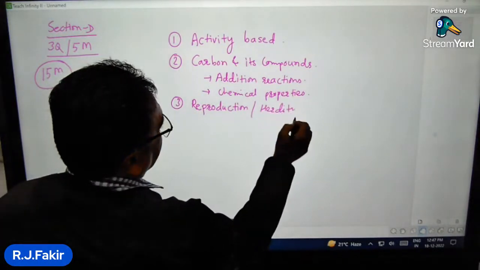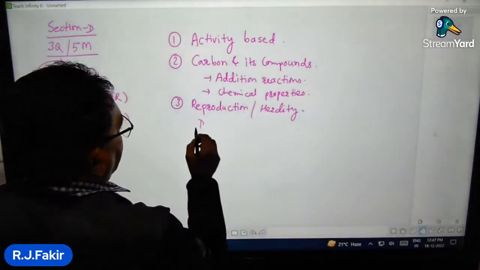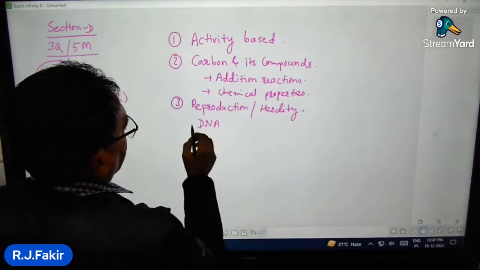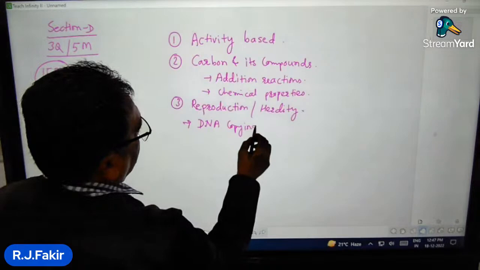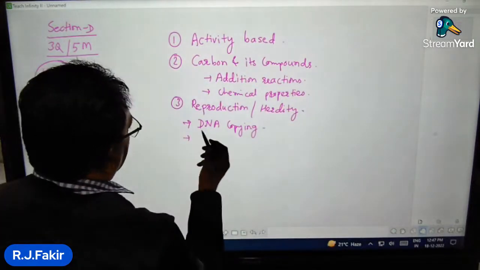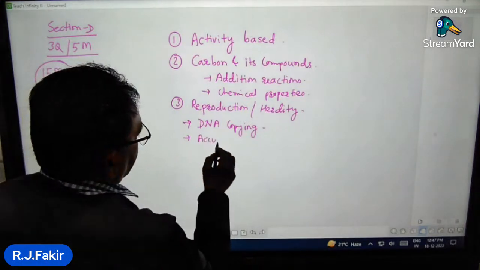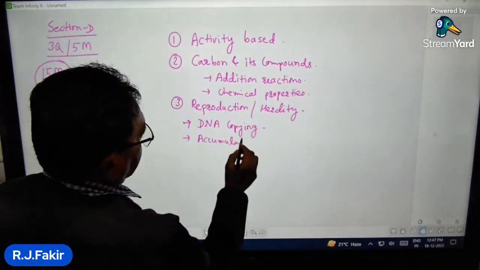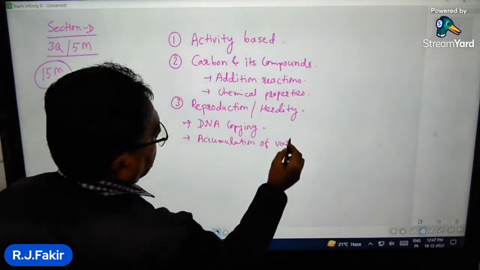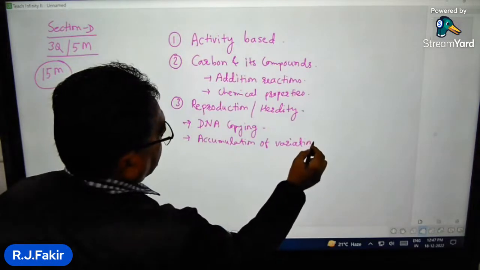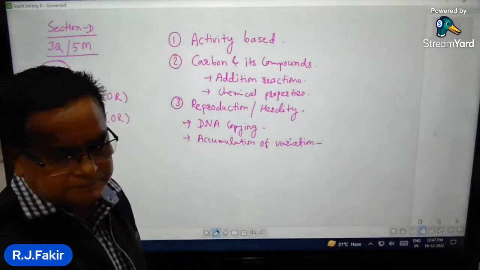Out of these two topics, like what is the importance of DNA copying, then the next topic may be the accumulation of variations, dominant recessive characters like this.